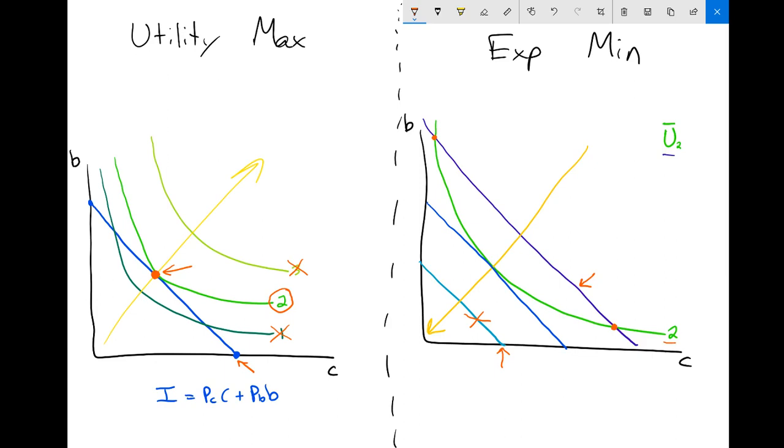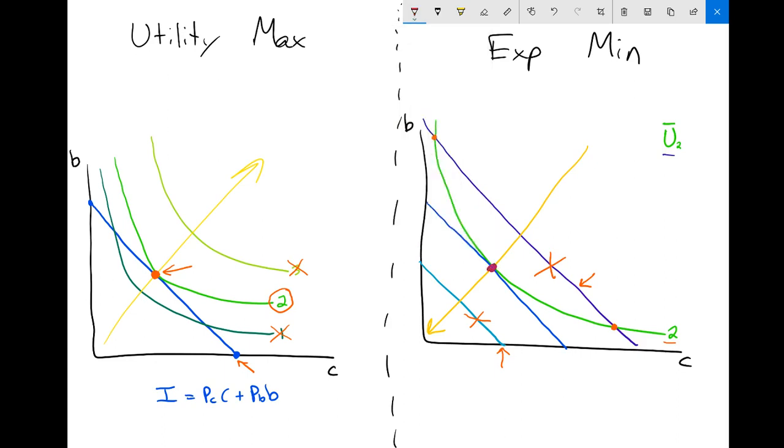However, they would be overpaying. Their expenditures would be too high at this purple budget line. They're spending too much money. The farther out the budget line is, the more money is being spent. They could achieve the same amount of utility by instead choosing this bundle.